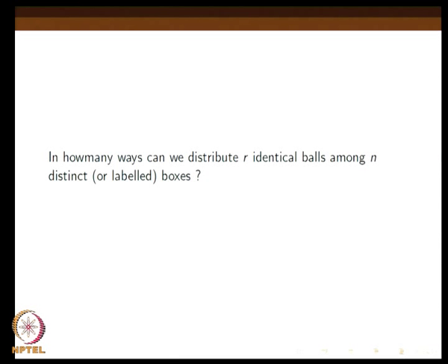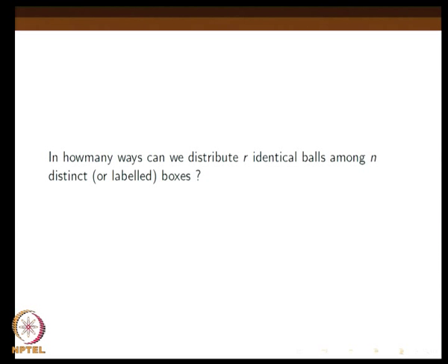In how many ways can we distribute R identical balls among n distinct labeled boxes? These R identical balls correspond to a selection of R, and the n distinct labeled boxes correspond to the types.